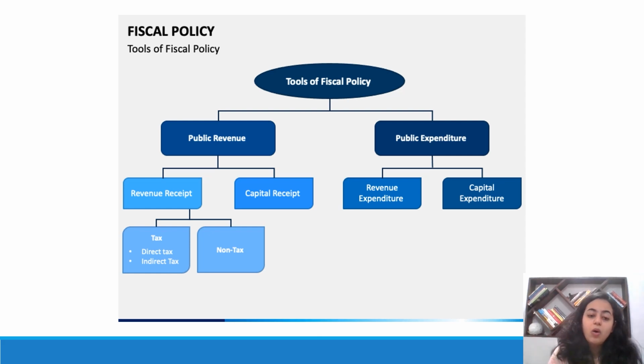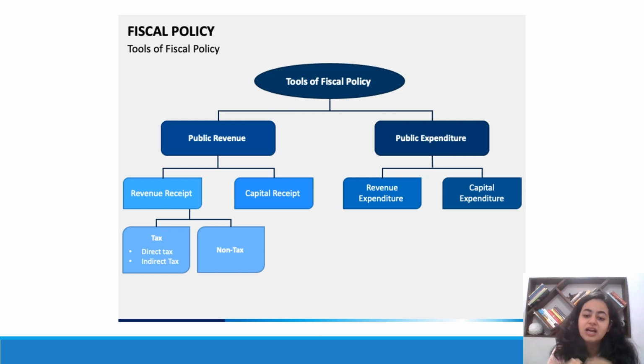Now, under revenue, as if you have studied the budget, you would know that there are revenue receipts and capital receipts. Revenue receipts are nothing but tax and non-tax receipts that the government is getting. What is the main revenue that the government gets? It is mainly the tax which the taxpayers pay either directly or indirectly. And what are the expenditures that the government is making?